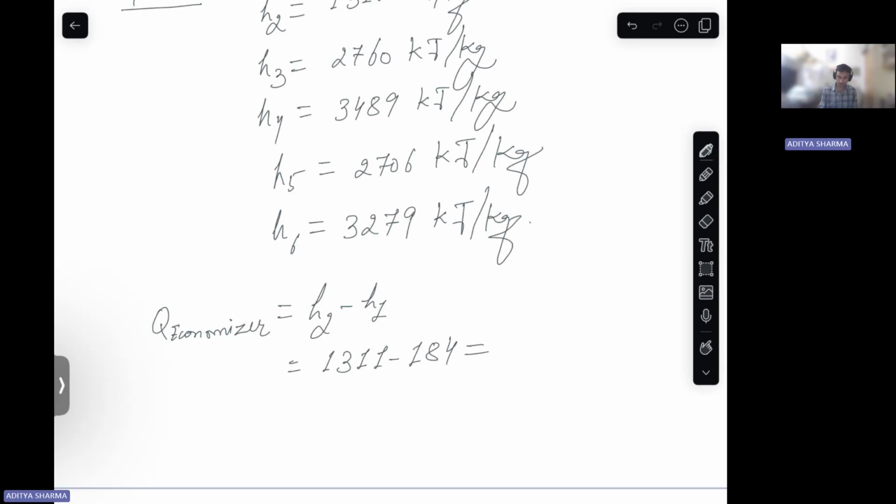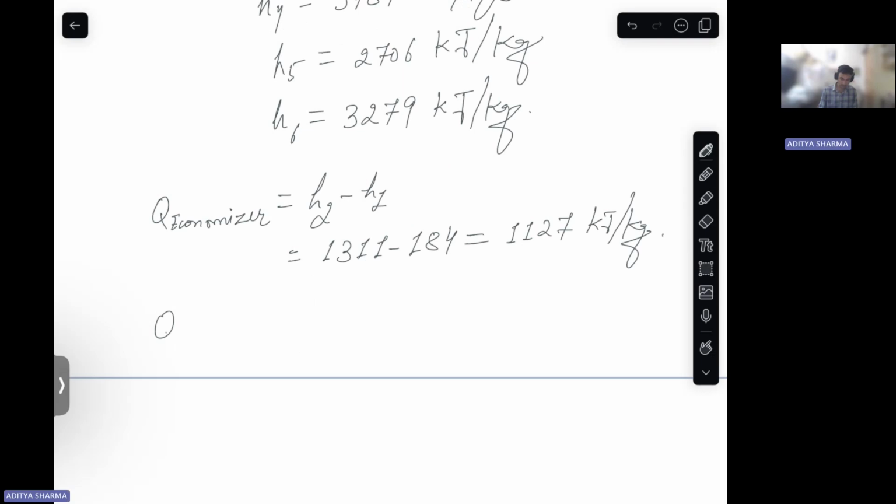If you work this out, this will be the answer. Then for your boiler, from 2 to 3.